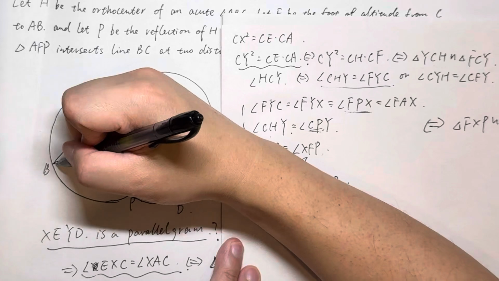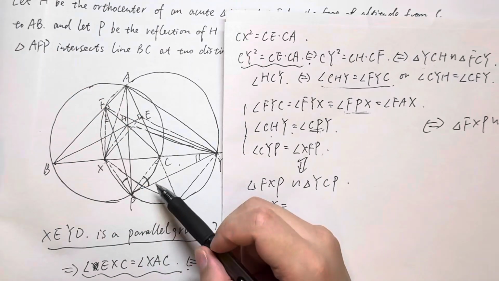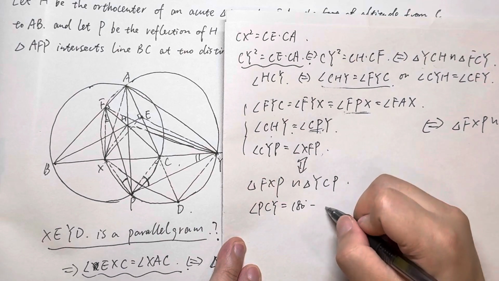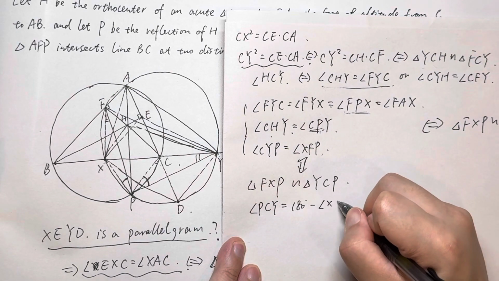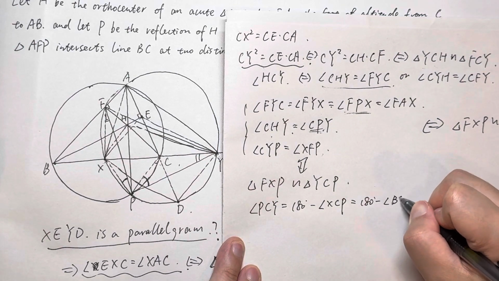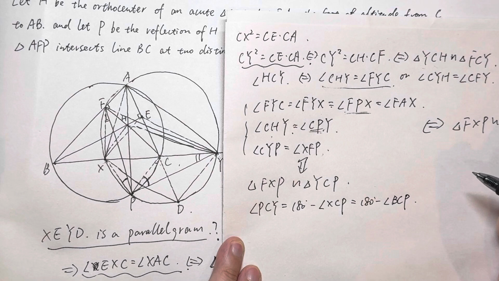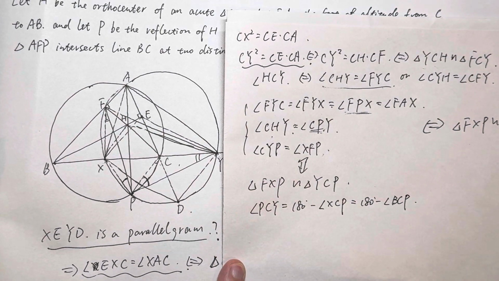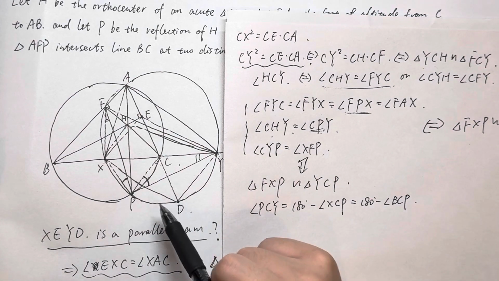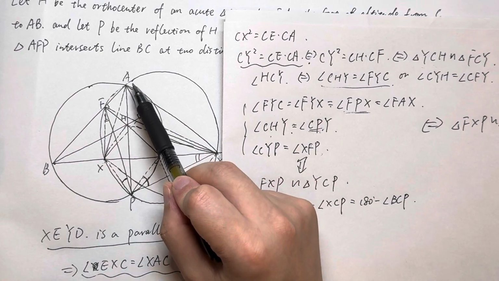The angle PCY equals 180 degrees minus angle XCP, which equals 180 degrees minus angle BCP, right?